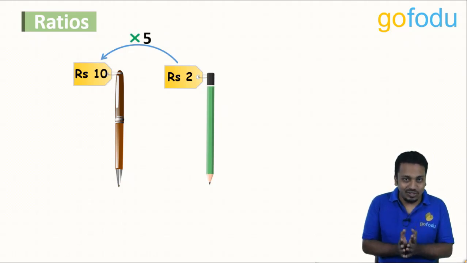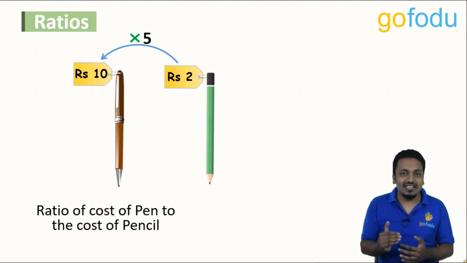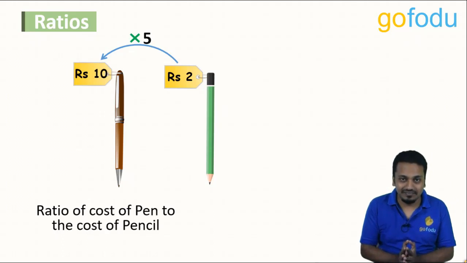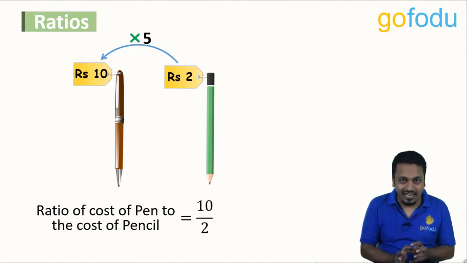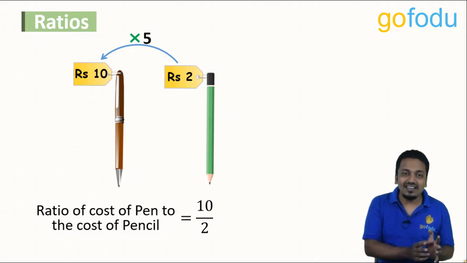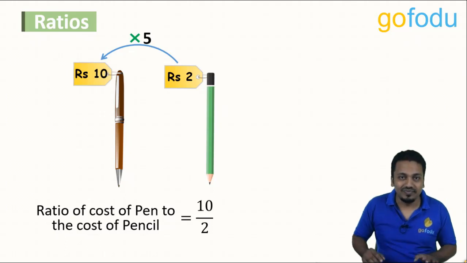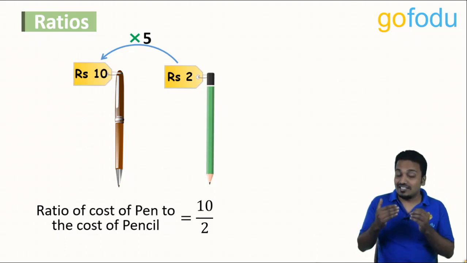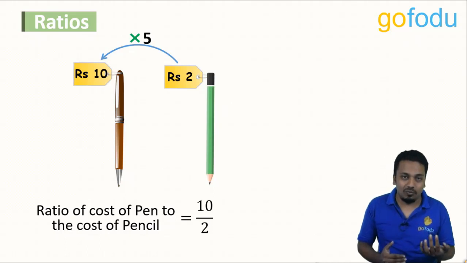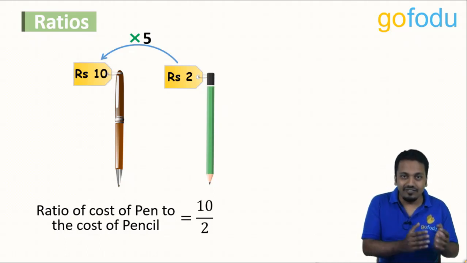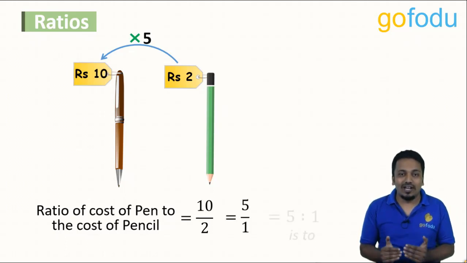And to find the ratio, we will write the price of pen and price of pencil in the form of a fraction. 10 upon 2 is the fraction and we call the ratio 10 is to 2. A ratio can be treated as a fraction, and just like we reduce a fraction, we can reduce this ratio to its simplest form and write 5 is to 1.